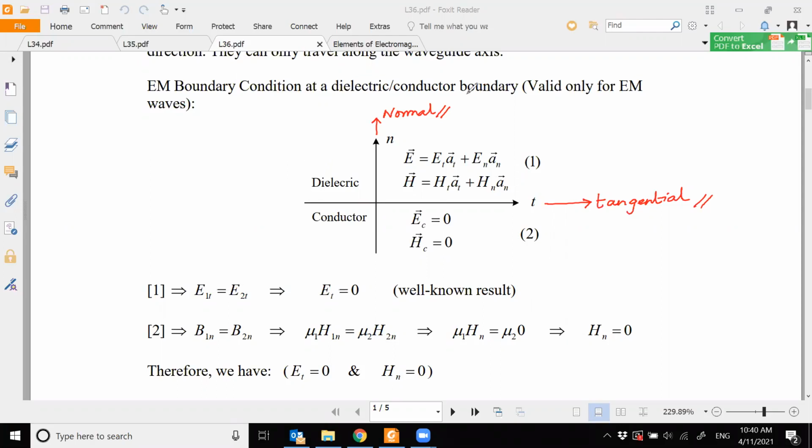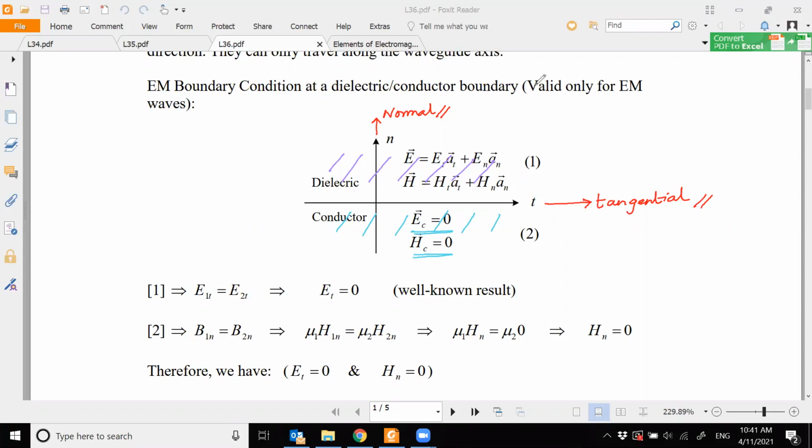And here is my dielectric material, and this is my conductor. So for the conductor, I'm saying that there is no electric field and no magnetic field. So both are zero.